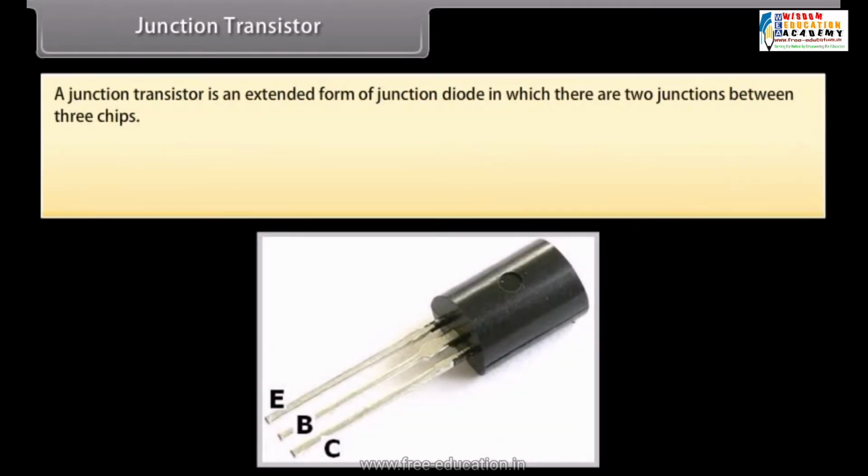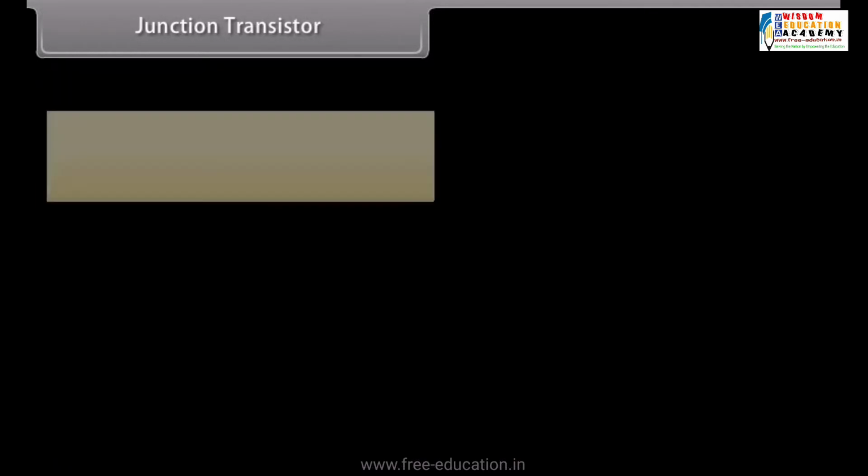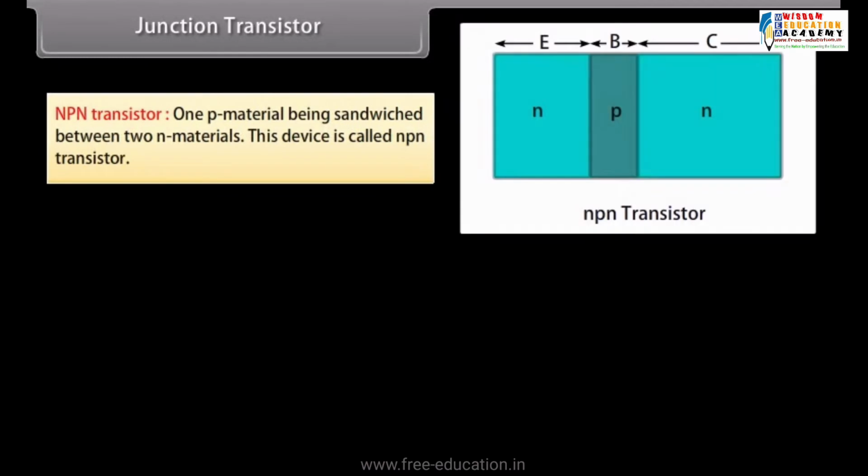Junction transistor. A junction transistor is an extended form of junction diode in which there are two junctions between three chips. There are two kinds of transistors: the NPN transistor and the PNP transistor. NPN transistor: one P material sandwiched between two N materials.